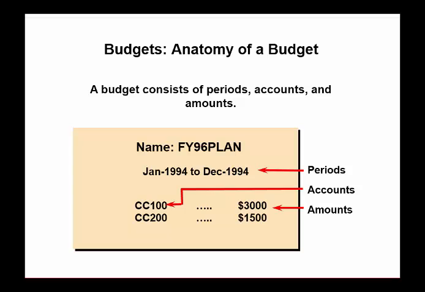So it will tell you the beginning and end of the accounting period, and it will list all of the accounts and the budgeted amount for each of these accounts. You can also, of course, add, as we saw before, the actuals and the variance.